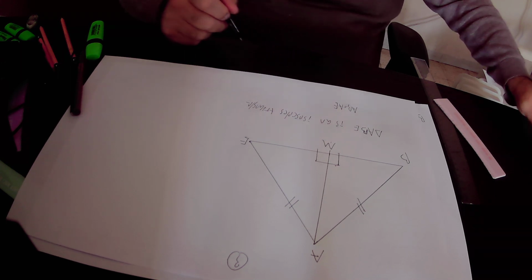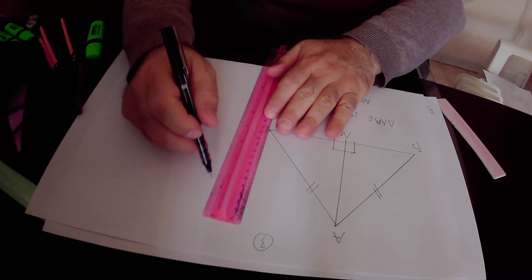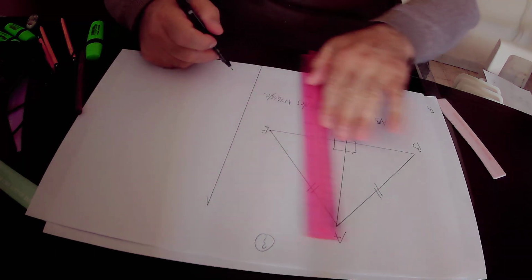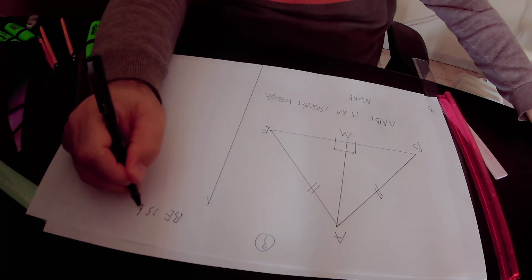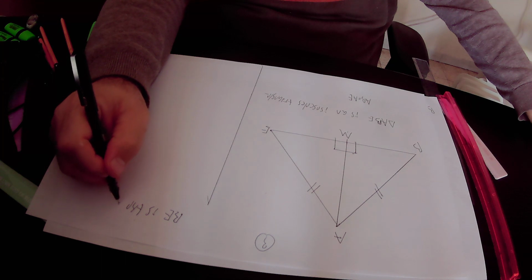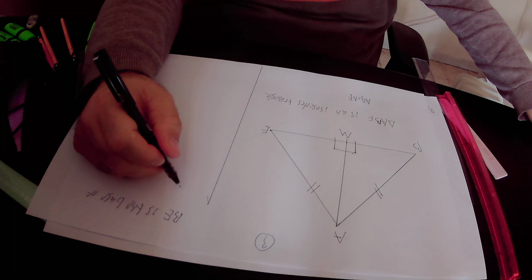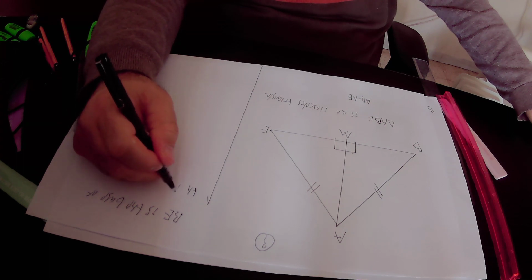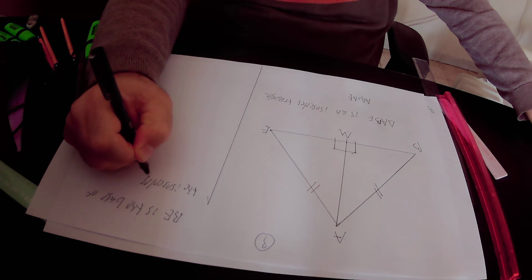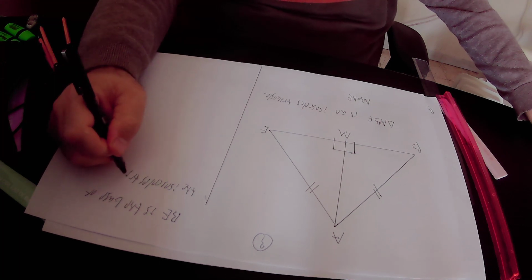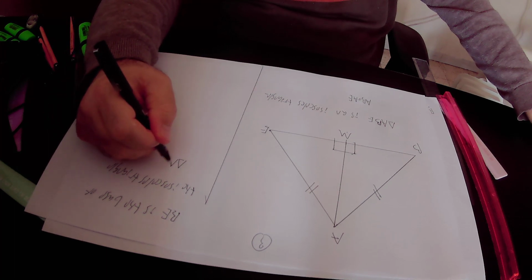And the base of the isosceles triangle ABE is BE. I'll write it down. BE is the base of the isosceles triangle ABE.